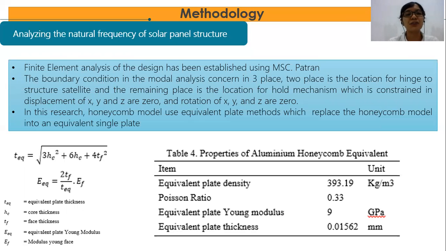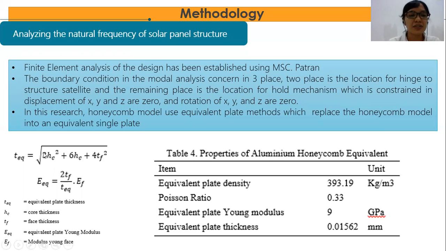But for the special condition for the honeycomb model, we will use the equivalent plate method, which replaces the honeycomb model with an equivalent single plate. The objective of using this method is to minimize the analysis time and make it more efficient.